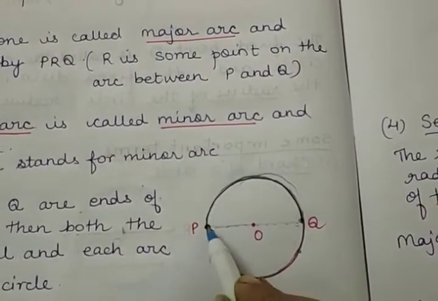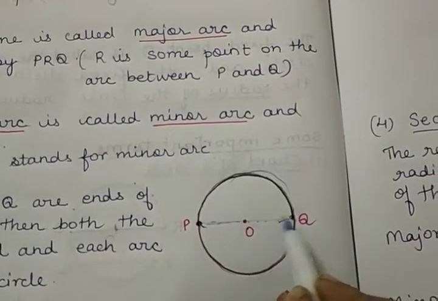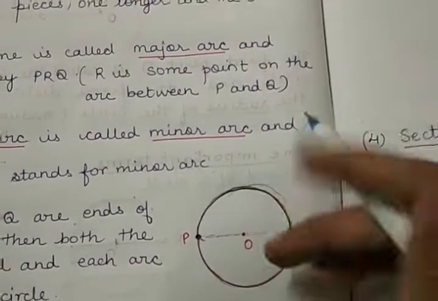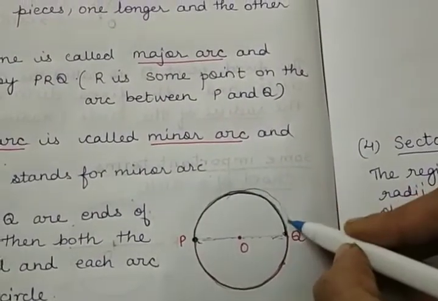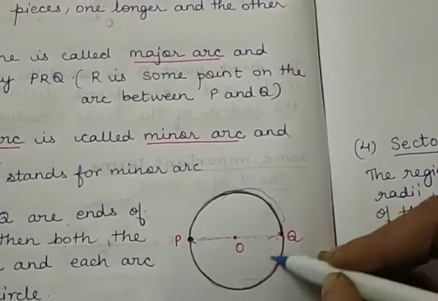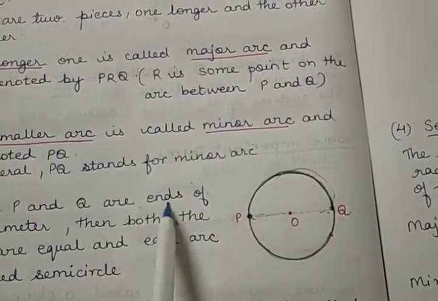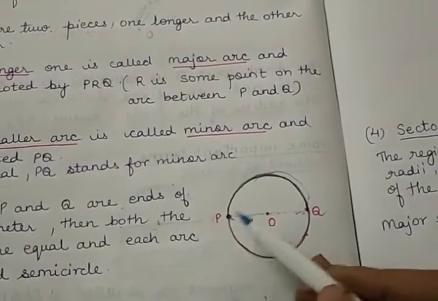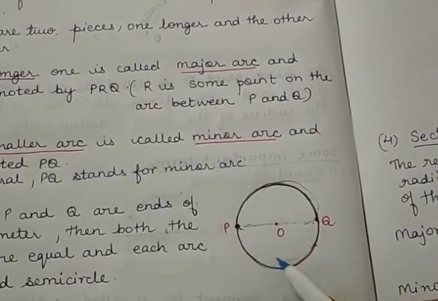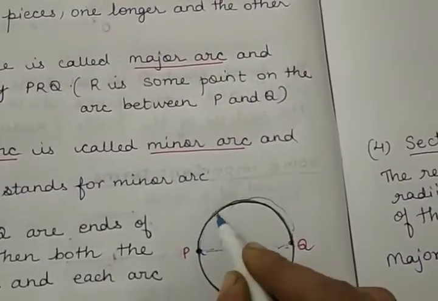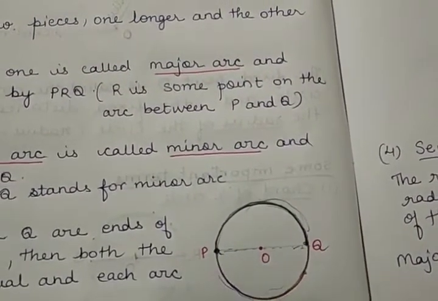Since this diameter divides the circle into 2 parts, this arc will be the same as this arc, correct? So when P and Q are ends of a diameter, then both the arcs are equal, and these arcs are called semicircles.